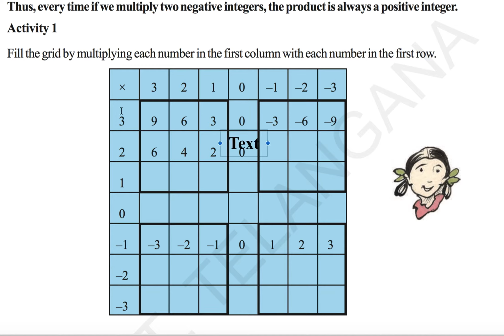Okay, we will do that. 3 into 1 is 3. 2 into 1 is 2. 1 into 1 is 1. 1 into 0 is 0. 2 into minus 1 is minus 2. 2 into minus 2 is minus 4. 2 into minus 3 is minus 6. 1 into minus 1 is minus 1.